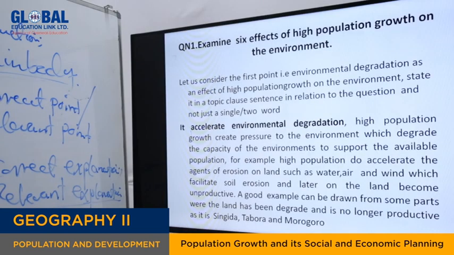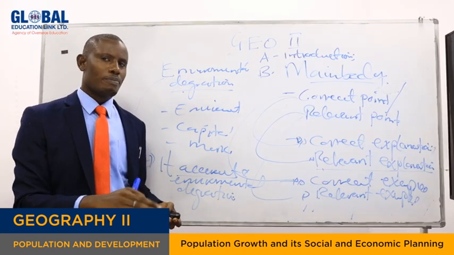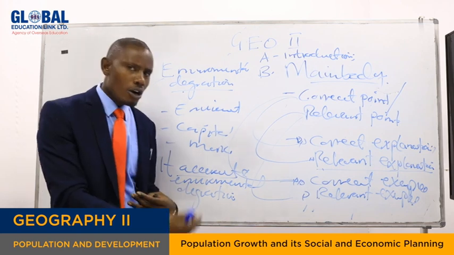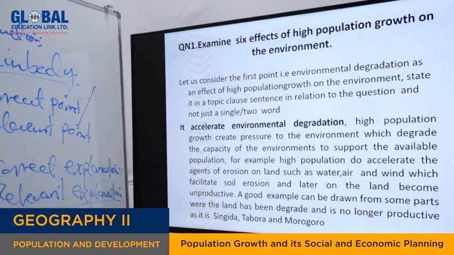So if you say it accelerates environmental degradation, for instance, you then say high population growth creates pressure on the environment, which degrades the capacity of the environment to support the available populations. Those are the relevant explanations pertaining to that particular point. Then you go for the citation of the example, you say, for example, high populations do accelerate the agents of erosion on the land, such as water, air, and wind, which also facilitate soil erosion.